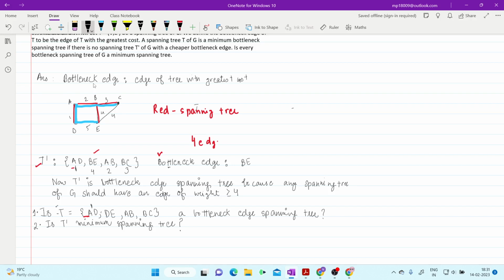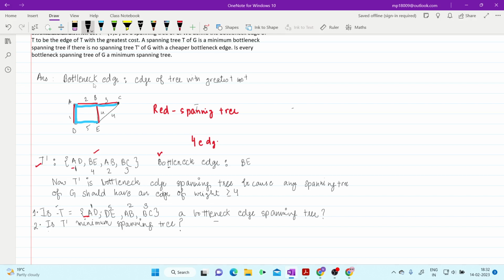DE. Yes, DE. So now from the definition, is this spanning tree a minimum bottleneck spanning tree? No. Why? Because we can have a spanning tree which has a bottleneck edge of lower weight, the previous T prime. So we see that this is not a bottleneck spanning tree.